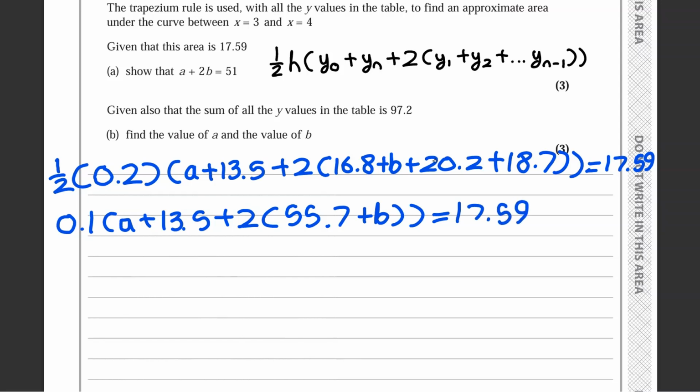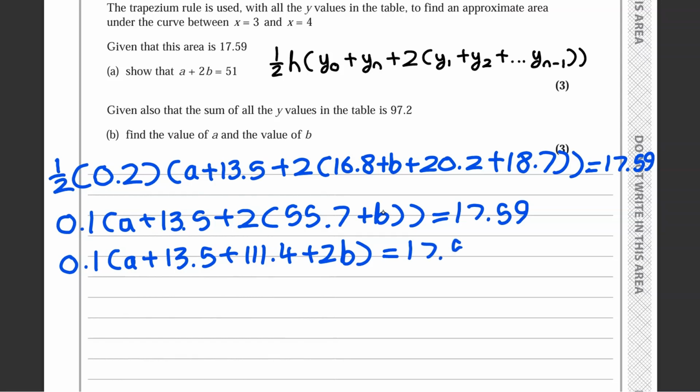We can do some more simplifying here, so it's 0.1 times a plus 13.5 plus, and then we're going to expand this bracket, so 2 times 55.7 is equal to 111.4, and then 2 times b is plus 2b, and this is still equal to 17.59.